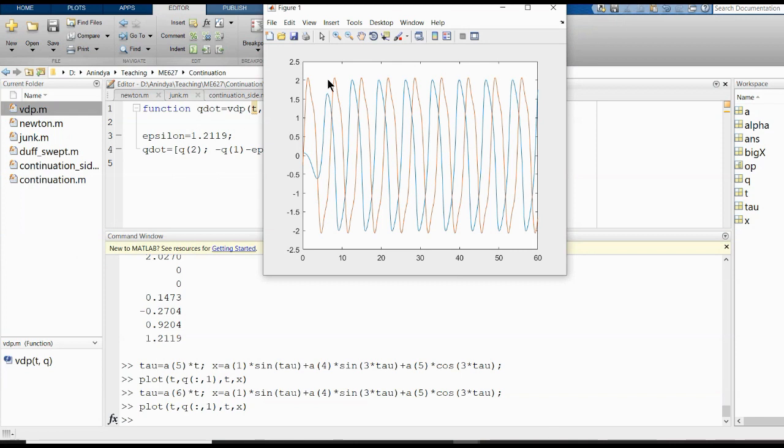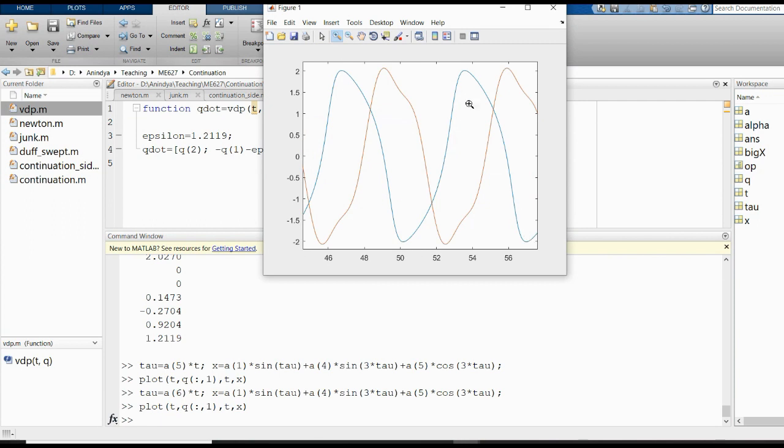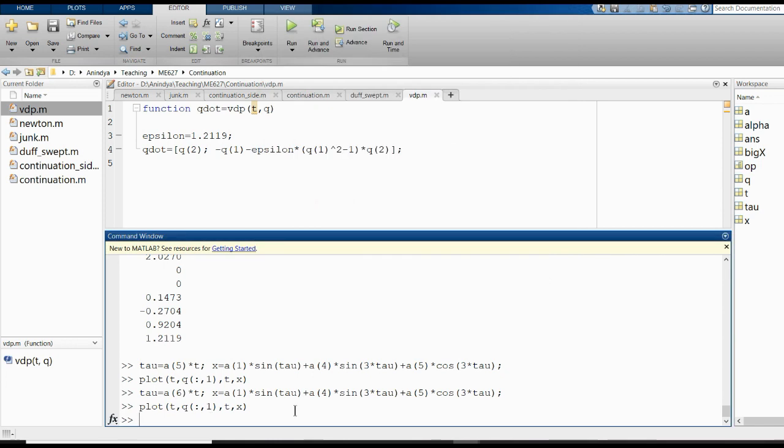In fact, this t can be shifted a bit, right? So I think if I look here, sorry about that delay there, but if I look here, this shift is about, from here to here, about 3.5 or something. So let's try that.